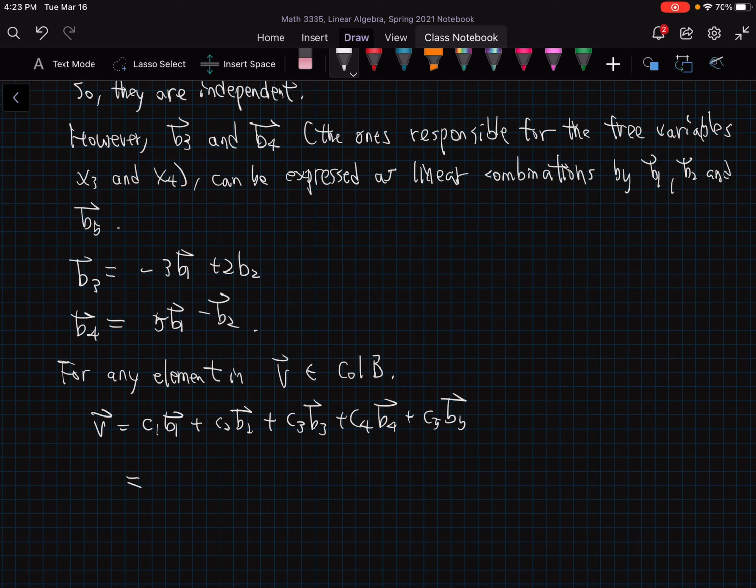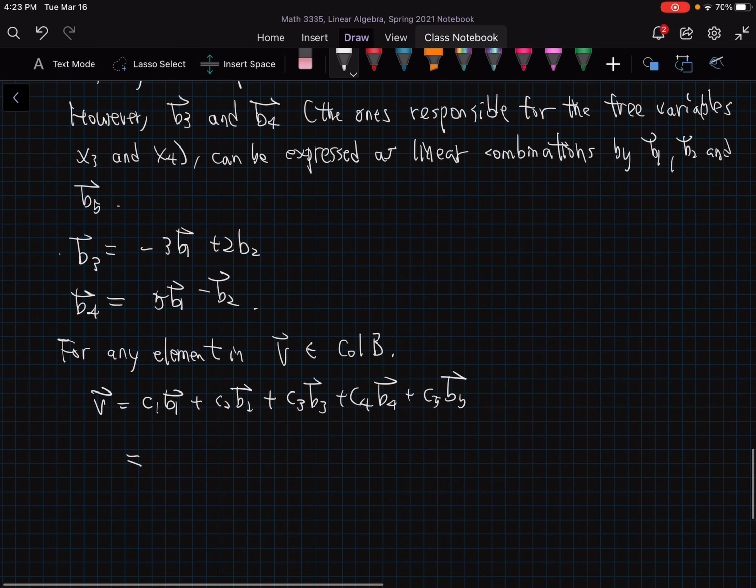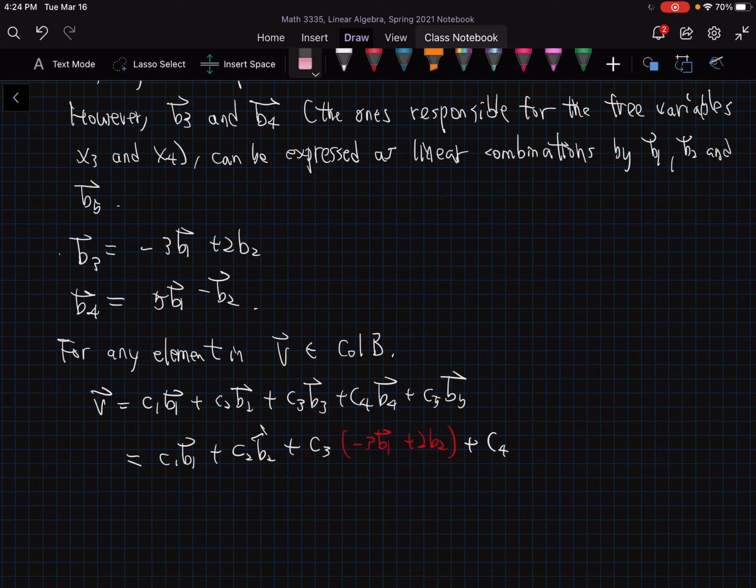Since B3 can be expressed in terms of B1, B2, and B4 can be expressed in terms of B1, B2, we can rewrite this as C1 B1 plus C2 B2, plus C3 times negative 3B1 plus 2B2, plus C4 times 5B1 minus B2, plus C5 B5.